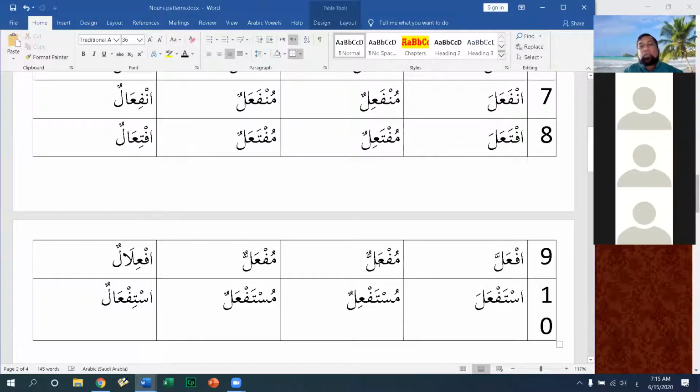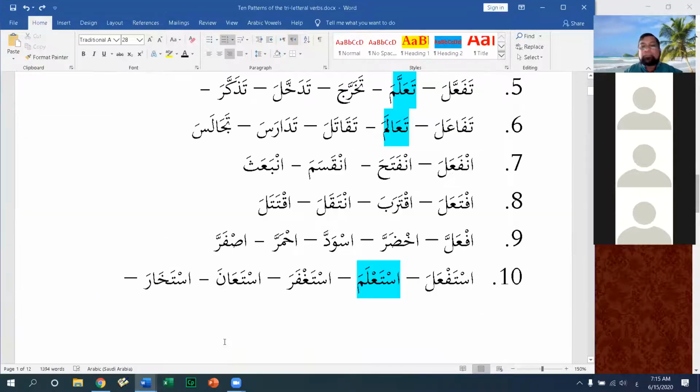Ismul fa'il would be مفعل. اسم المفعول also مفعل. And the masdar would be إفعلال. For example, we'd say اخضر. مخضر is اسم الفاعل, and مخضر will be اسم المفعول, and technically اسم المفعول doesn't exist because it's a transitive verb.